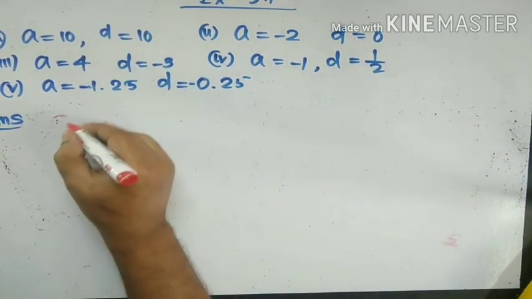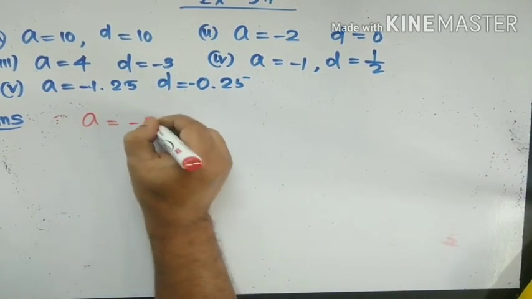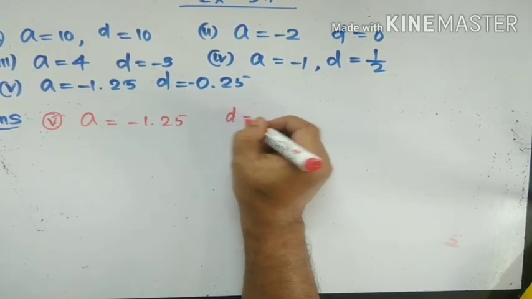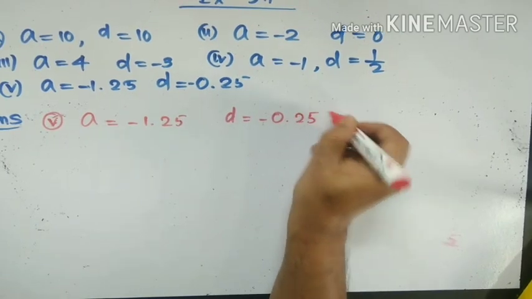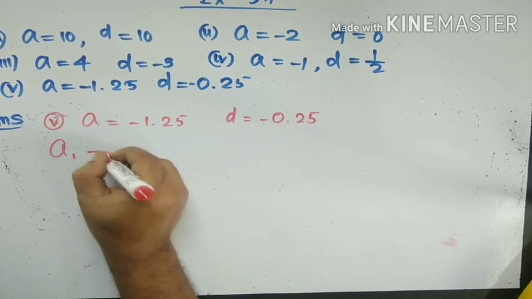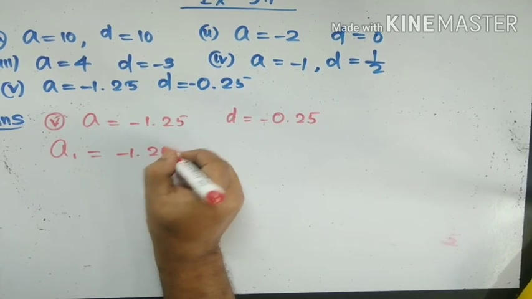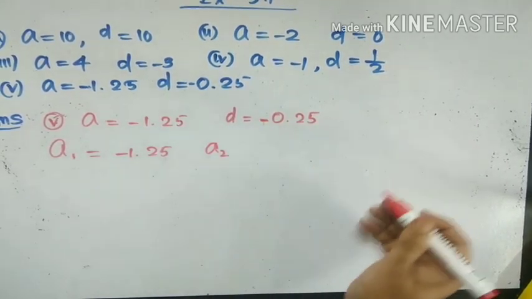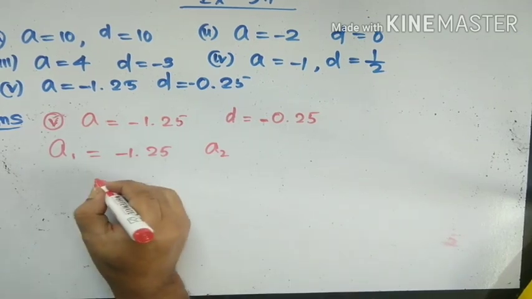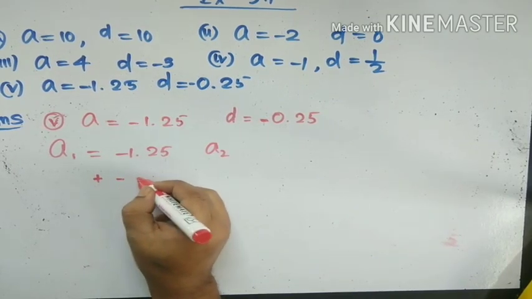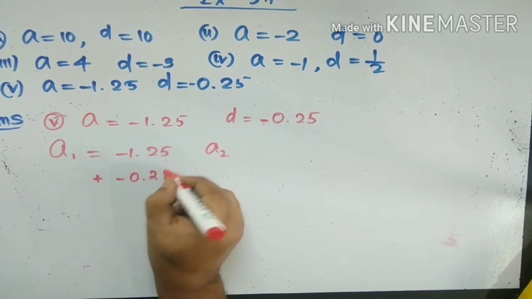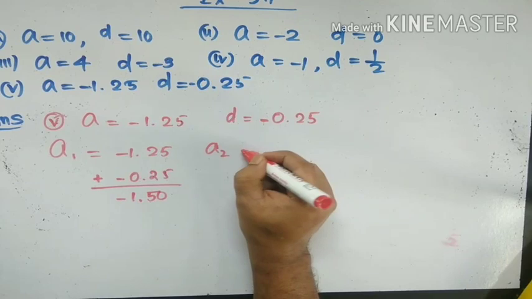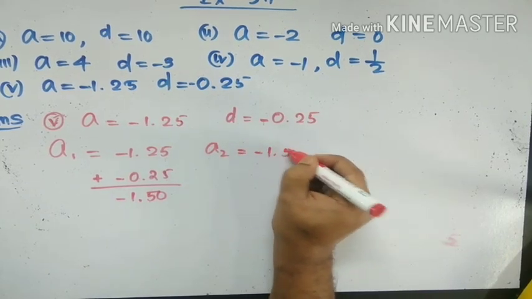Now let's take A equal to minus 1.25, this is example number 5, and D equal to minus 0.25. Now here A1 equal to minus 1.25. So A2 will be, since D is negative, it will be decreasing. So if you add minus 0.25, it will be minus 1.50. So next will be minus 1.50.